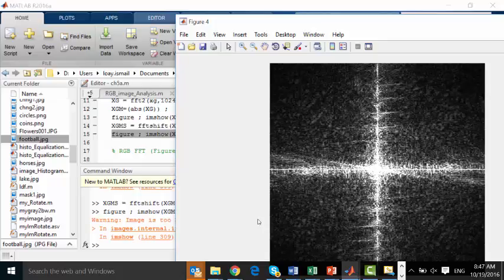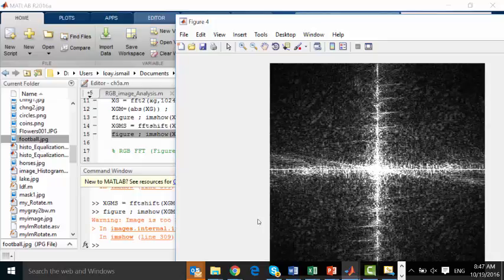As we go in both of these directions, this corresponds to the higher frequencies in the horizontal direction. As we go vertically up and down, this corresponds to the higher frequencies in the vertical direction.